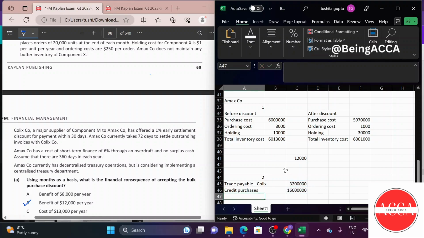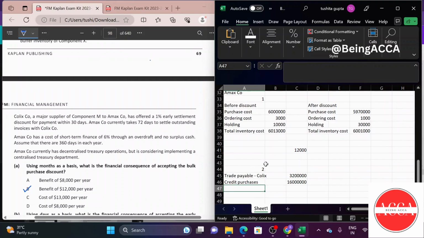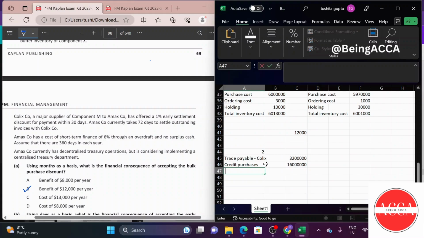Now we are being offered a 1% early settlement discount, so let's see the benefit from the 1% discount. This will be 1% of this figure, right? So we have our benefit from the 1% discount.